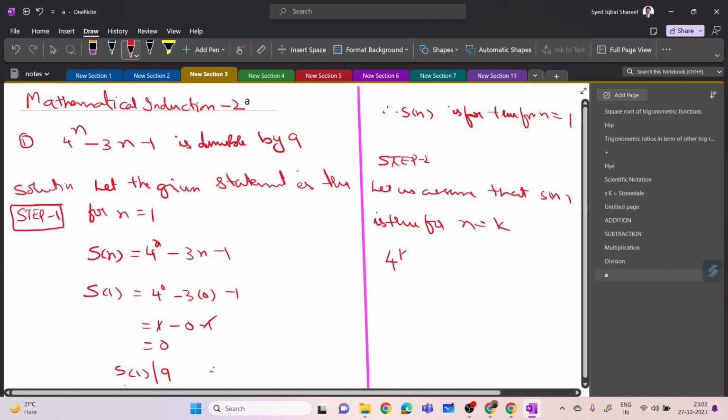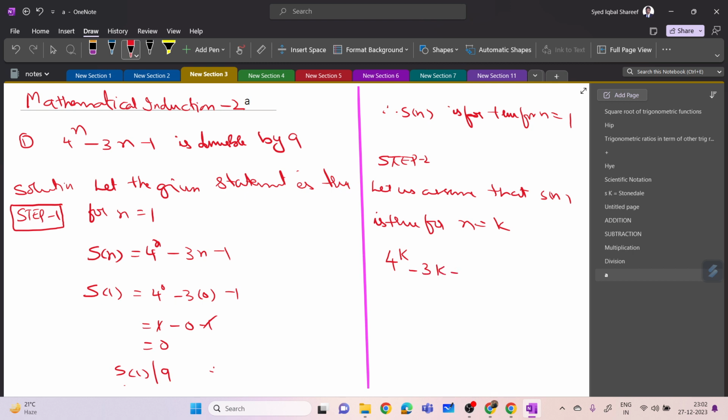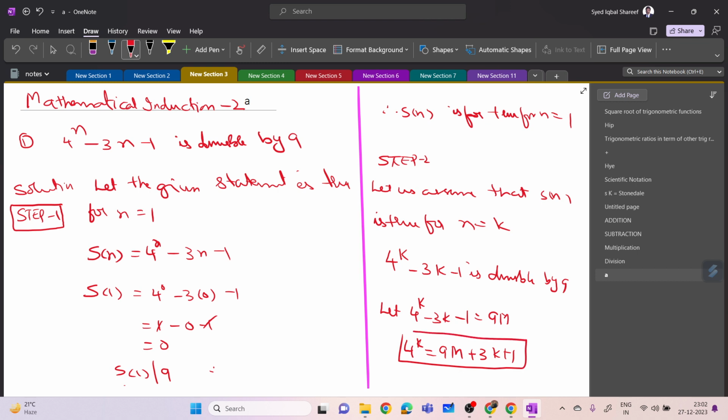That means 4 to the power of k minus 3k minus 1 is divisible by 9. Let 4 to the power of k minus 3k minus 1 be some multiple of 9, say 9m. So 4 to the power of k equals 9m plus 3k plus 1. Please make a note of this. Now step number 2 is over.